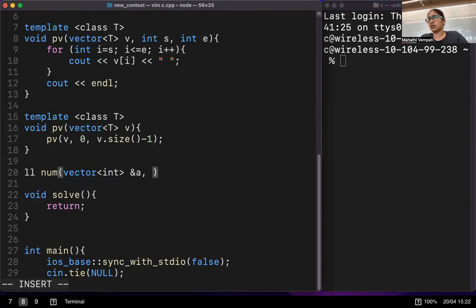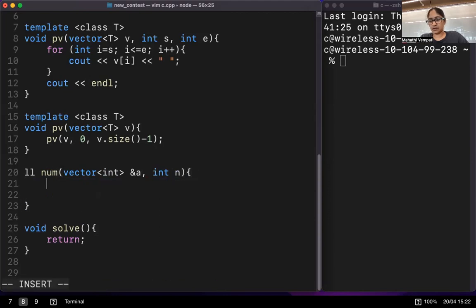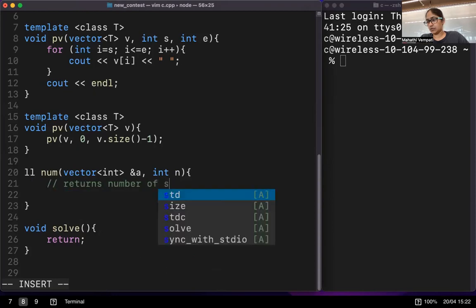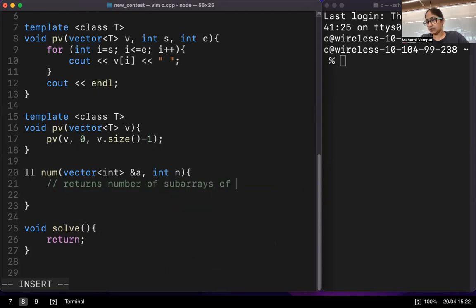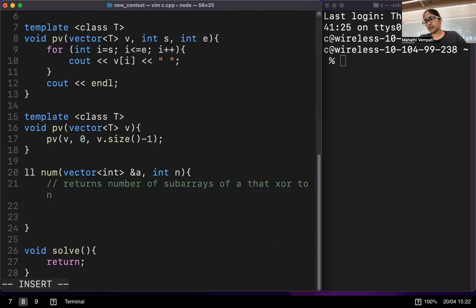This thing returns the number of subarrays of A that XOR to X. So here what we do is first I have a vector of int.